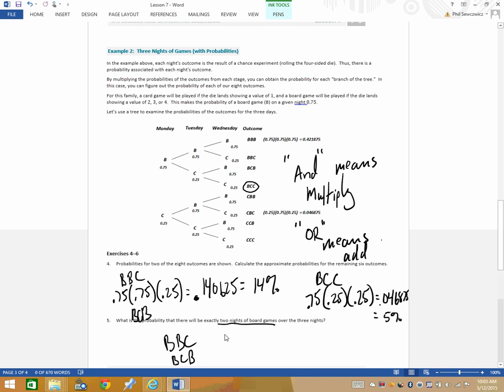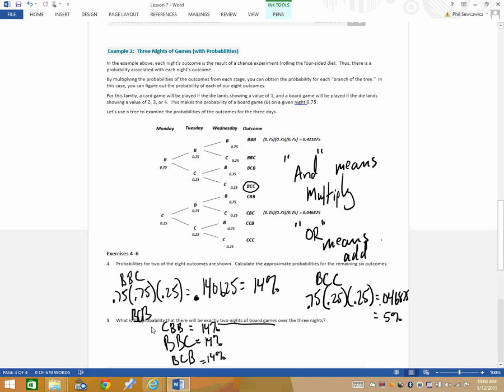No. Ooh, there's another one. Card game, board game, board game. And then no. Now, if we look at this, no matter what we do percentage-wise, the 2 board games, we're going to get that 14%. Now, how do I know that? Well, we did it right up here. We're always going to be multiplying the same numbers together, which is why I'm going to get a 14% every single time as we look at it.